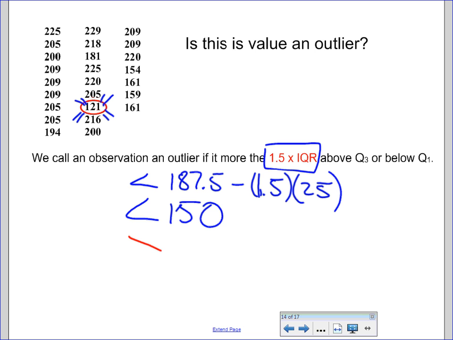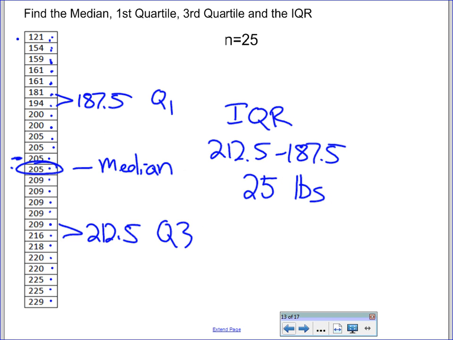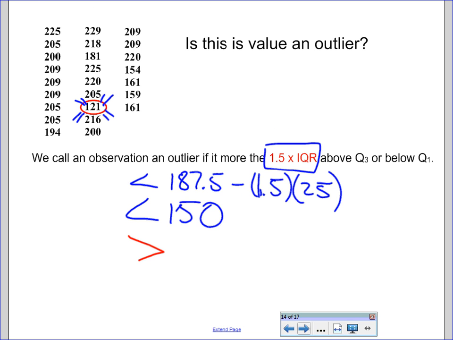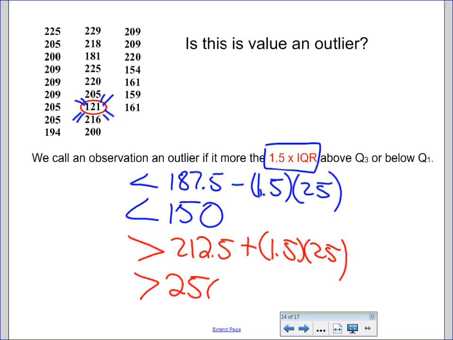Also, any value that is above the third quartile plus 1.5 times the IQR. In this case, 212.5 plus 1.5 times 25 means any value above 250 is an outlier.